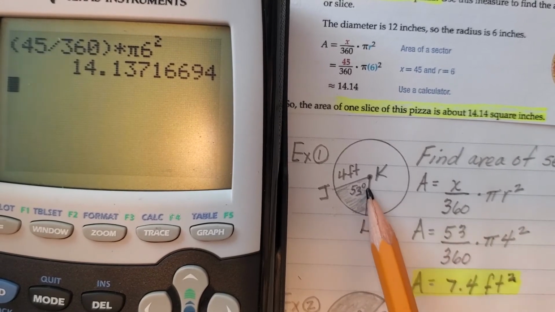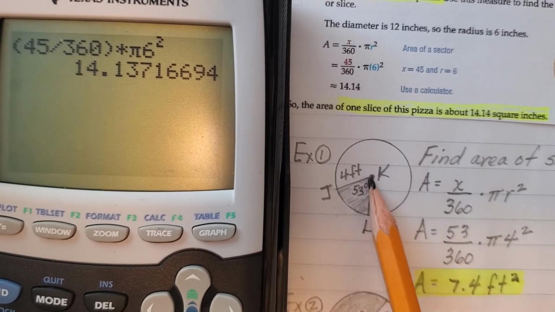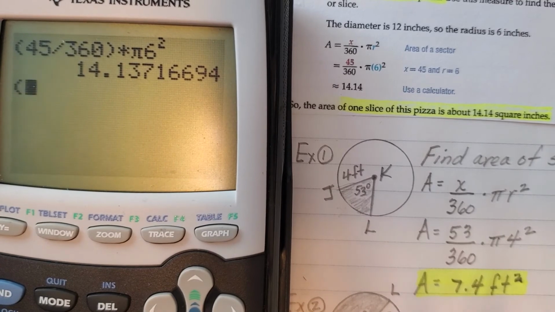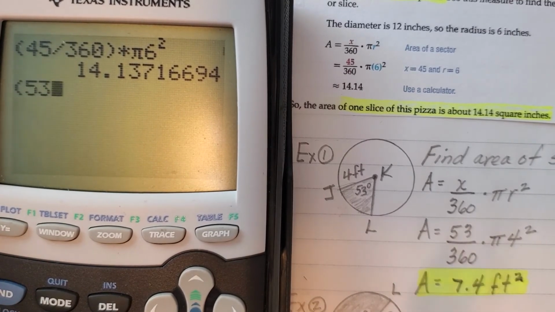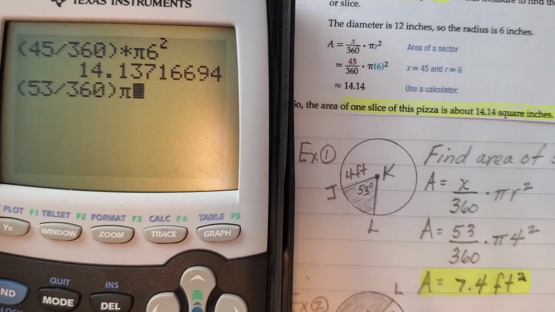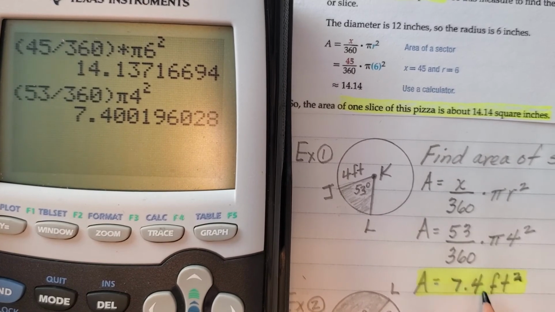So that's 53 out of 360 times pi r squared. The radius is 4, very easy to do. On a calculator, parentheses 53 divided by 360 times pi times 4 squared, and you get 7.4 square feet for the area.